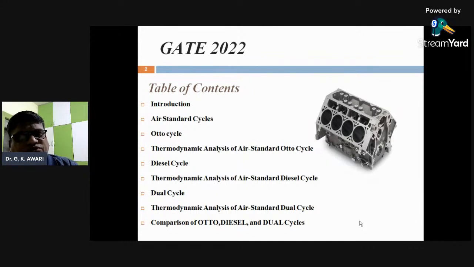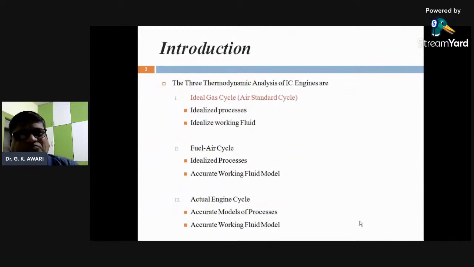So we are going to study today the introduction, the air standard cycles, then Otto cycle, thermodynamic analysis of air standard Otto cycle, then diesel cycle, thermodynamic analysis of air standard diesel cycle, then dual cycle, thermodynamic analysis of air standard dual cycle, and the comparison of Otto cycle, diesel cycle, and the dual cycle.